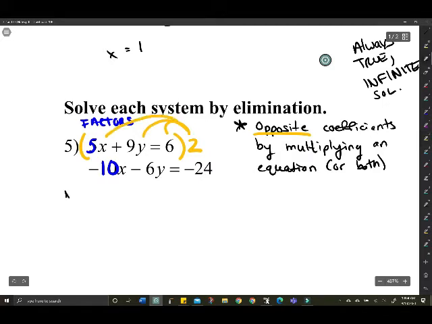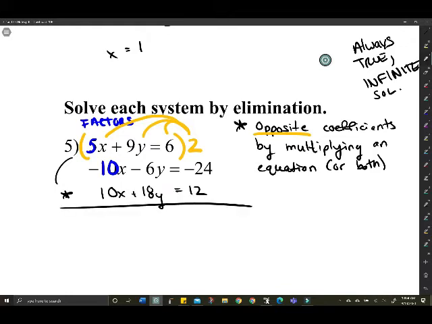So I'm going to rewrite this top equation that I multiplied by 2. So it's going to be 10x plus 18y equals 12. Okay, now that that is done, you can add the one I didn't change and the new one. So you can almost imagine this is kind of dashed out.